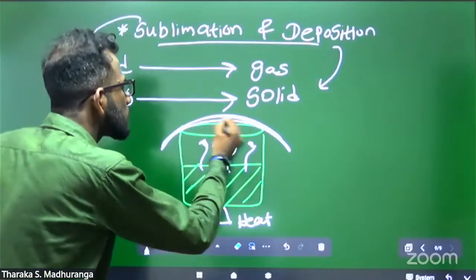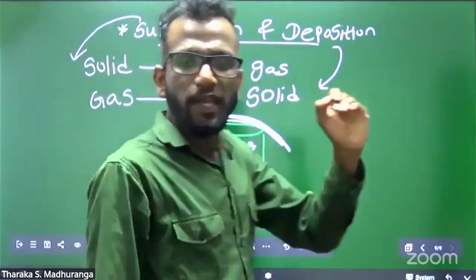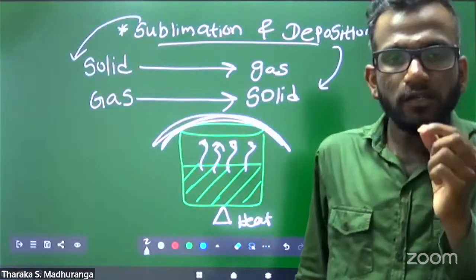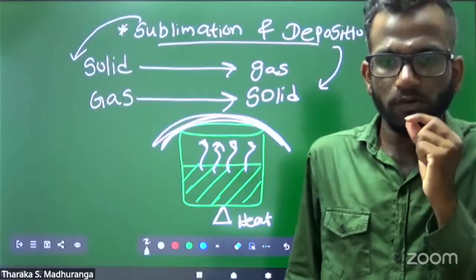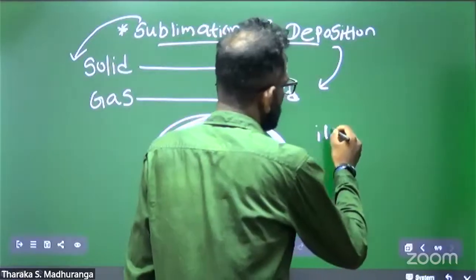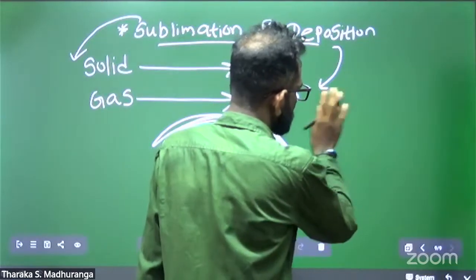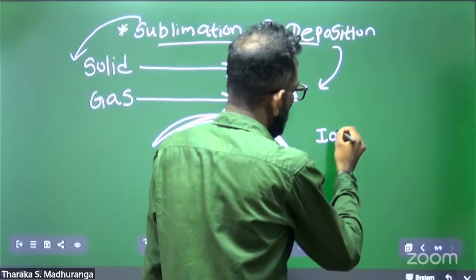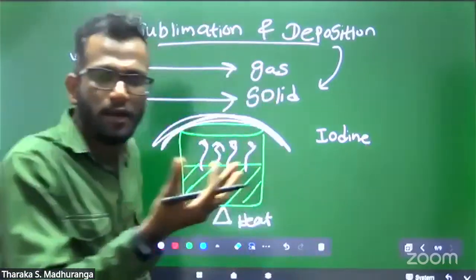Sublimation means that at the top, if I close the container, we can separate it. Every sublimating compound goes through deposition also. The iodine, for example, just evaporates.